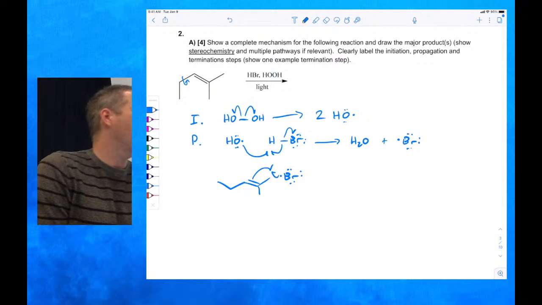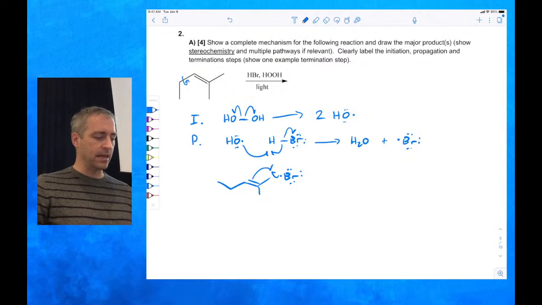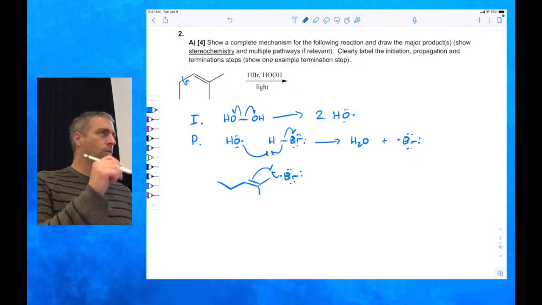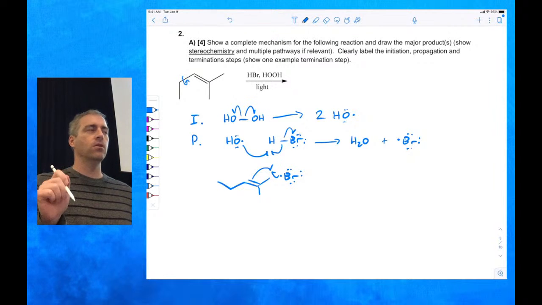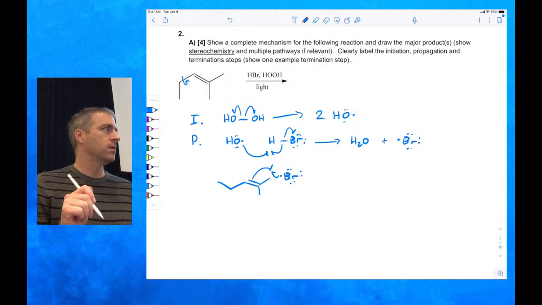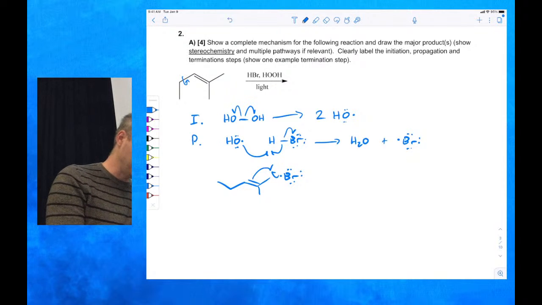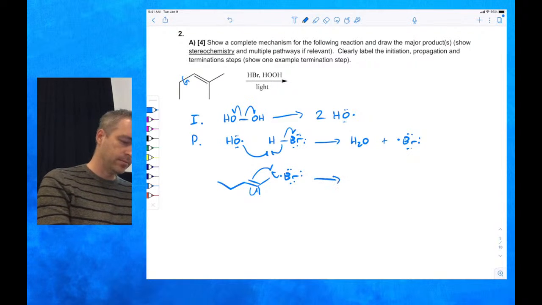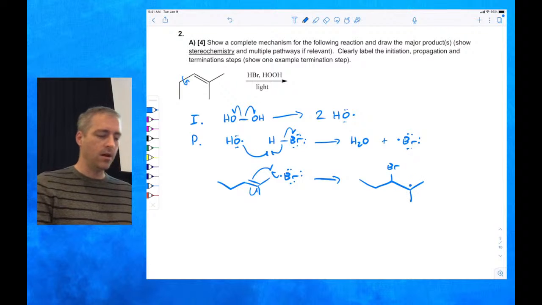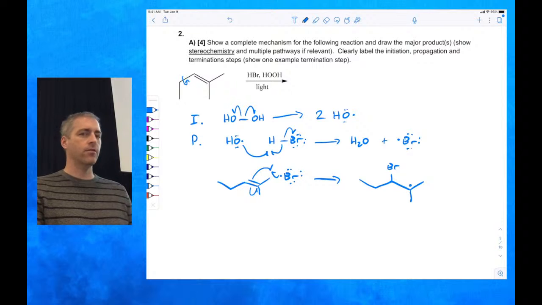So one of the electrons in the pi bond moves to get together with the bromine. The other one goes to one of the two carbons that are making up that double bond. And it wants to go to the carbon that's more stable. And so in this case, the carbon that's more stable is the tertiary one, the more substituted one. That will put your Br here, plus your radical on that carbon, unpaired electron.